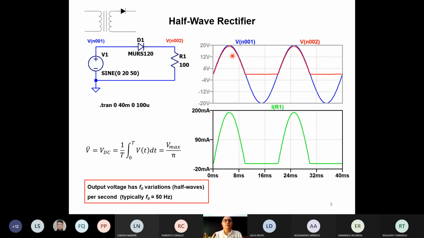So in this case, I can neglect the voltage drop of the diode. But if you have an output voltage which is much less, I must consider that the diode gives a voltage drop. So every time we must consider whether we can make the approximation or not.